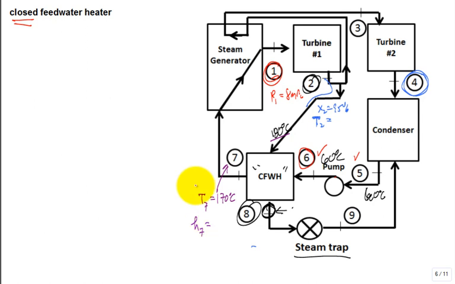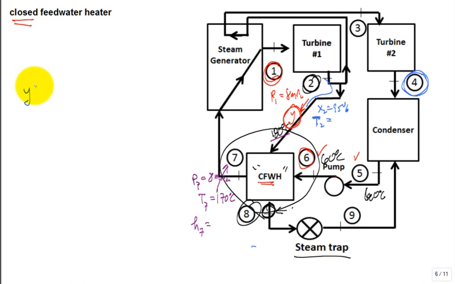Because we already talked about the pressure at 7 was the pressure at 1, which is 8 MPa. Could you get the enthalpy at state 7 knowing that information? Yes, you could. So now the question is, if I want to find out how much mass is diverted to feed the closed feed water heater, I have to do an energy balance around this control volume, around that closed feed water heater. And it'll look like this.